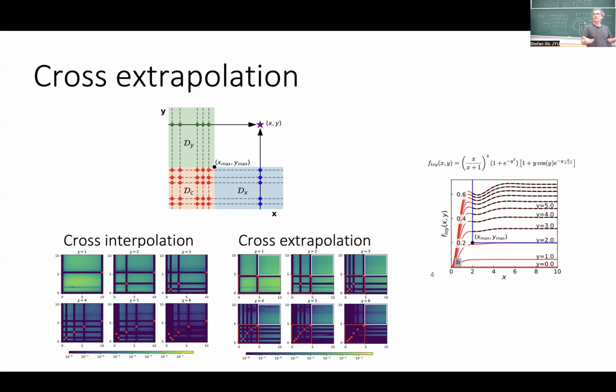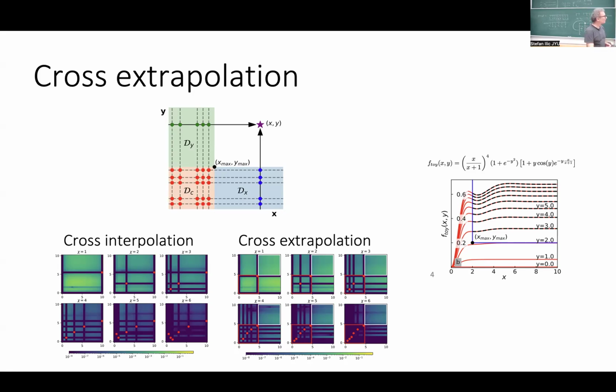Anyway, any kind of extrapolation relies on an assumption. It's not always explicit. Sometimes people don't really say anything about it, but you assume something. One possible assumption is that this function of x and y is actually not too entangled. So as a matrix of x and y, it has a low rank.